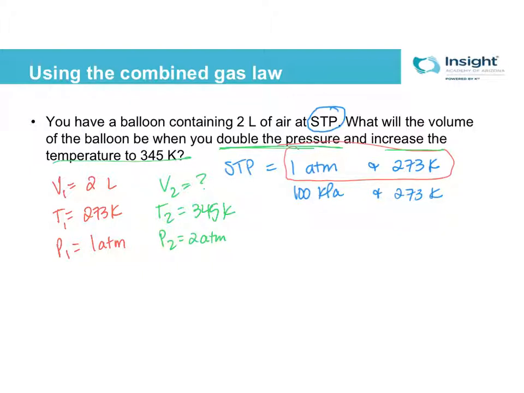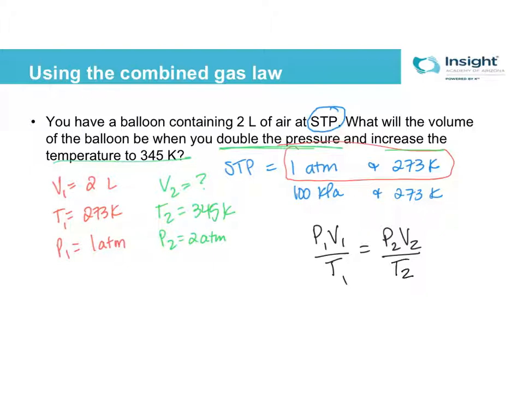All right, so I'm going to plug this into my combined gas law. I just wrote the wrong 2 there. That should be T1, sorry. And T2 is on the other side. Now let's start plugging things in.